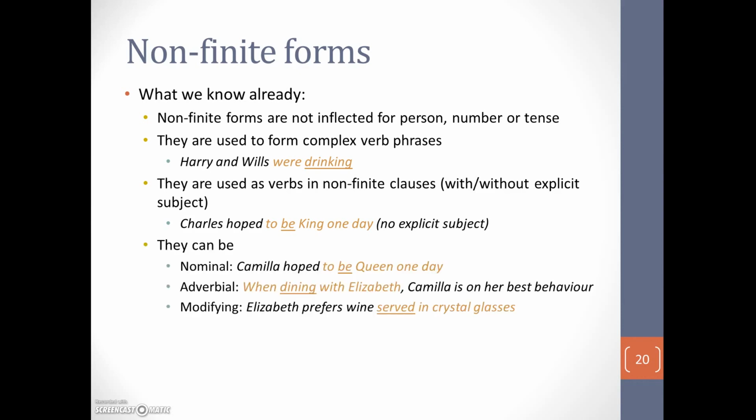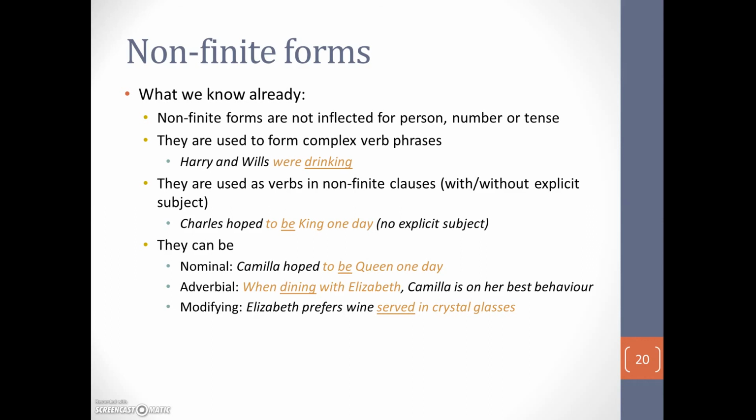So non-finite forms can then be nominal. Okay, so "Camilla hoped to be queen one day." They can function as an adverbial. So "when dining with Elizabeth," all right, so here we have the ing form again, the progressive, and this is part of the adverbial. And finally, they can also be modifying.